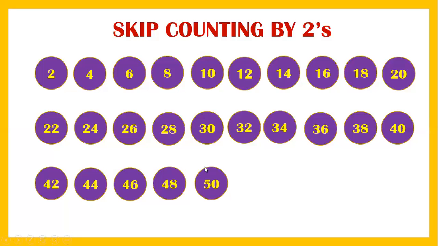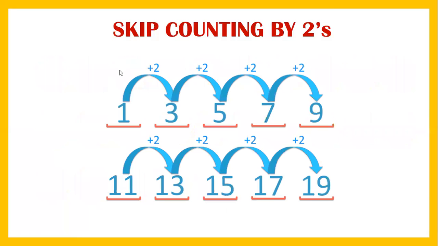Okay. So next slide is skip counting by 2 still, but I am using odd numbers. So, for example, 1 plus 2 is equal to 3. 3 plus 2, 5. 5 plus 2, 7. 7 plus 2, 9. So, these are the odd numbers.